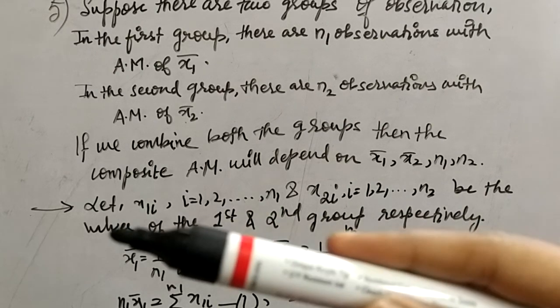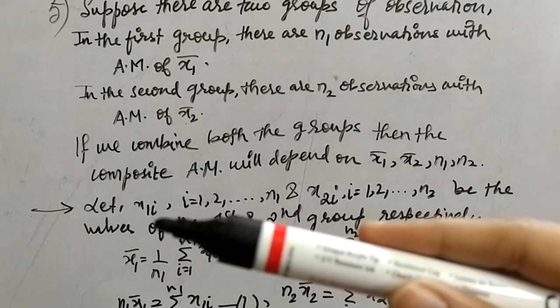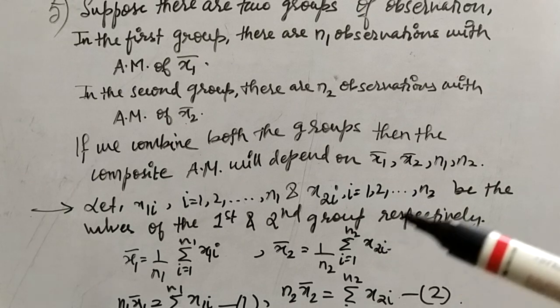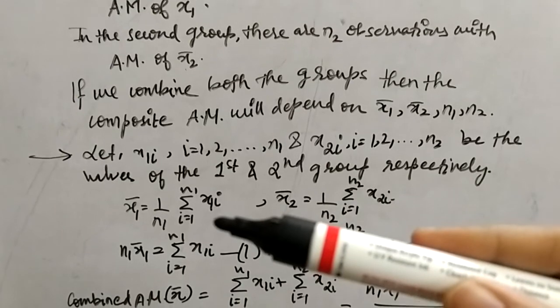Let's take the values of the first group as x1i, and for the second group x2i, as stated on the board. Now x1 bar is equal to the sum.